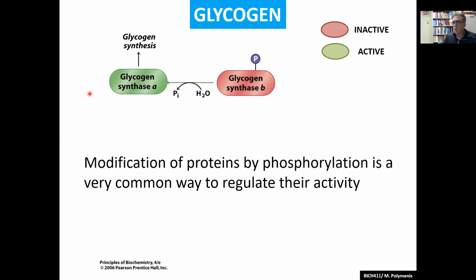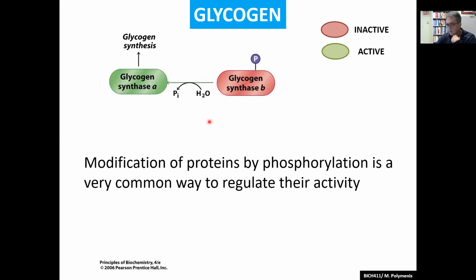What happens now when you phosphorylate the target protein? It depends. In some cases, nothing happens. In other cases, the one you see here, the outcome of the phosphorylation is inhibitory. So you take an active enzyme, glycogen synthase, which we have seen what it does.